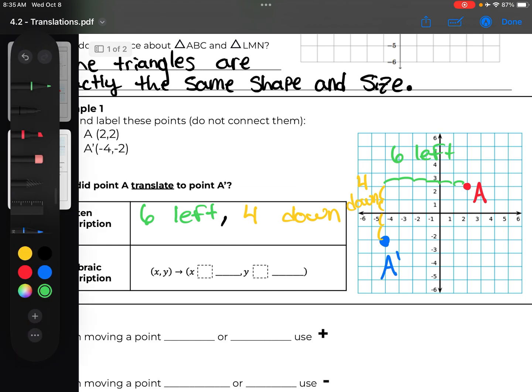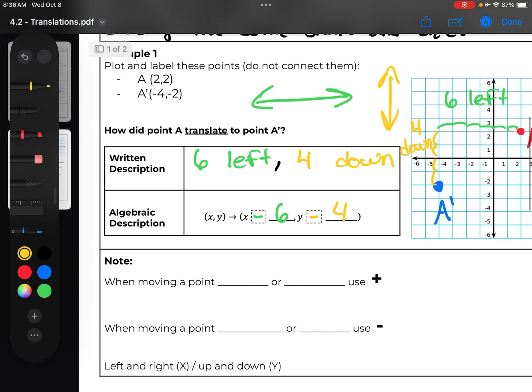So what does that look like? Well, a movement left is going to impact your x-axis because you're moving left and right on your x-axis. Your y-axis once again moves up and down. So 6 left is going to be x -6. Moving down is also going to be minus, so you're going to have your y-coordinate -4.